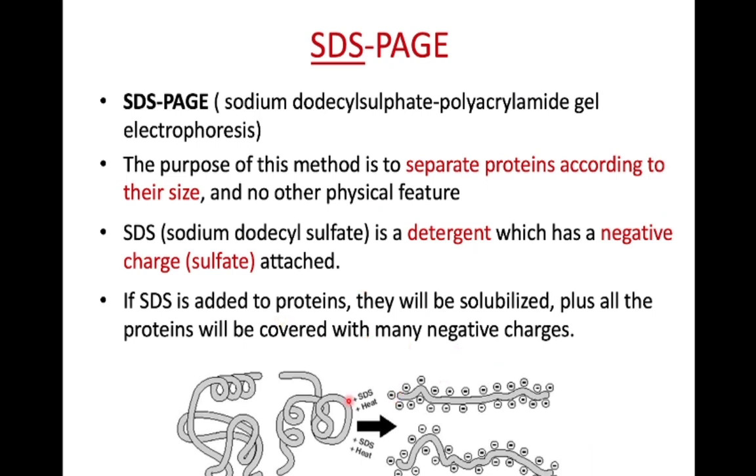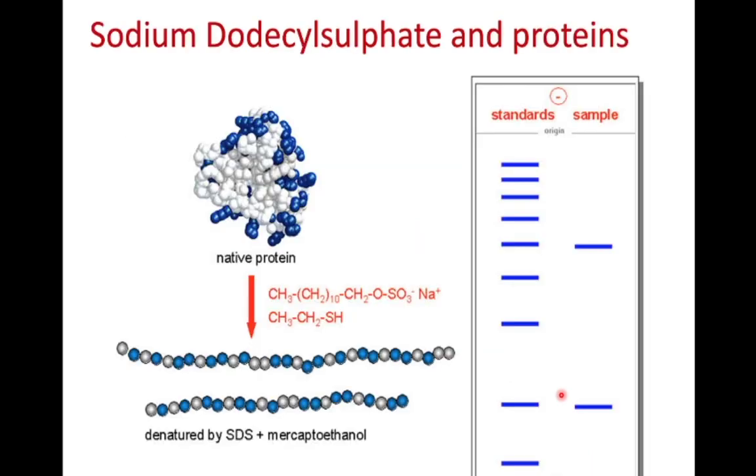So as I was telling you before, we denature our sample, we also add the SDS, and then our sample is coated in the negative charge. So the SDS coats our protein in this negative charge, and if we run our sample, it will run from the negative to the positive electrode.